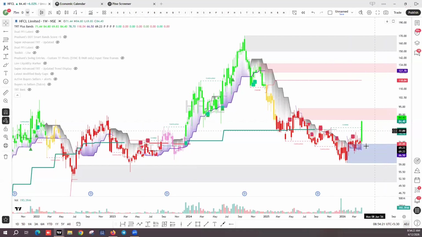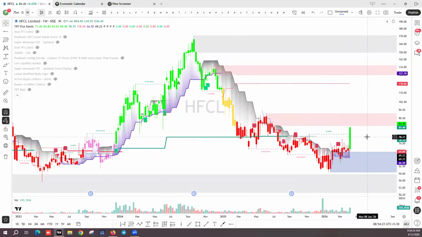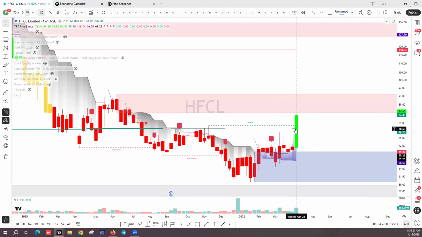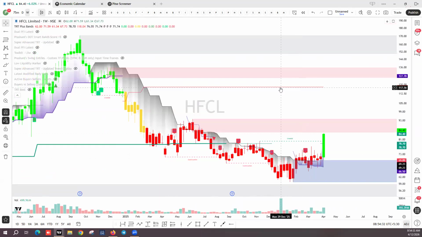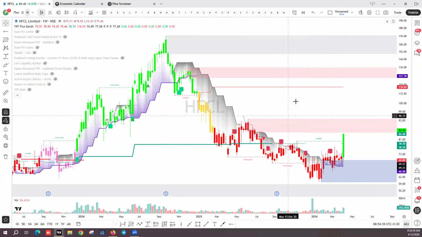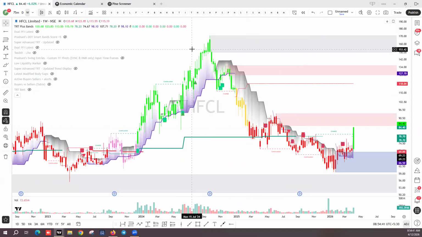So, HFCL. Now HFCL had changed to green color, and bullish bias has started appearing. Bearish momentum has disappeared, bullish momentum has started appearing, and bearish bias is here. So we can see price going up to that. Here it turned green, went up nicely.